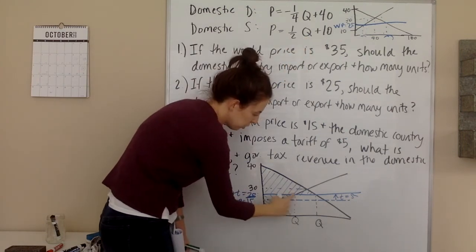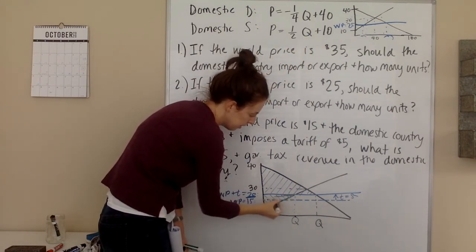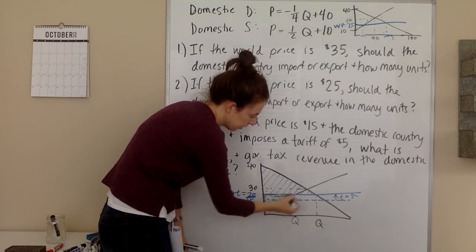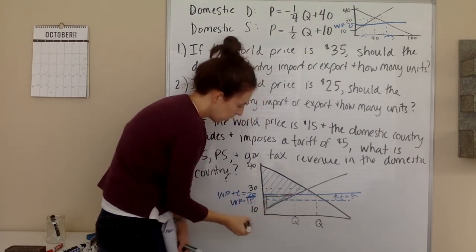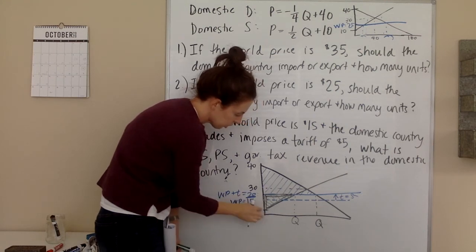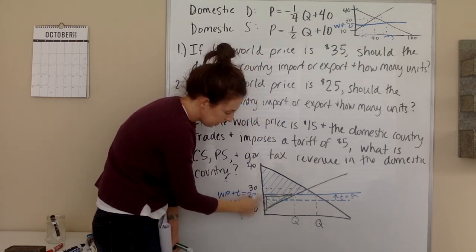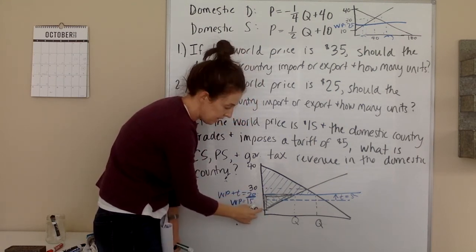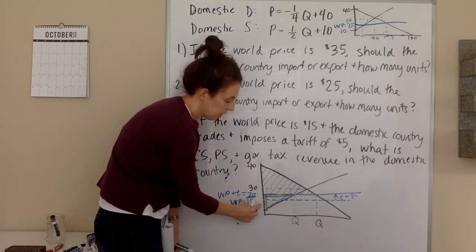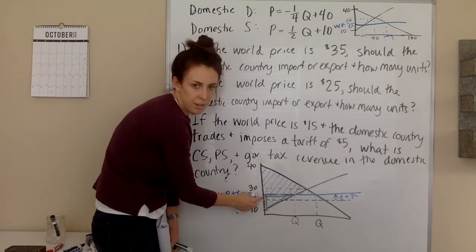That gives you the base of this triangle. The height of this triangle starts at 20 and goes down to 10, because this is the intercept, so the height is 10. So now you have a base and a height, and you divide by 2 to get the area of that triangle.